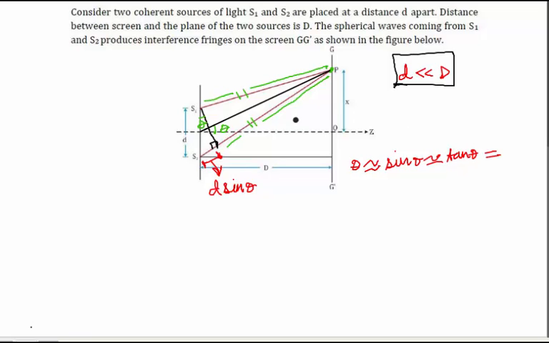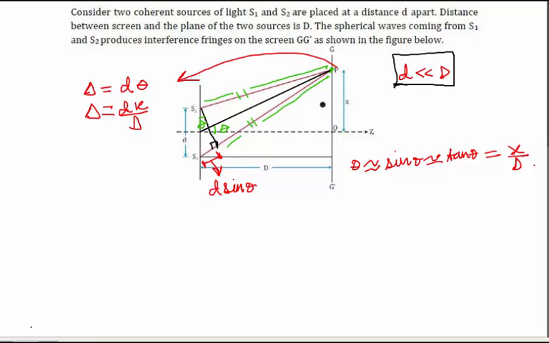Because it is equal to tan theta, we can write theta as x upon D. So at an arbitrary distance x from the central bright fringe, the path difference delta equals d sine theta, or d theta, or we can write it as d x by D.